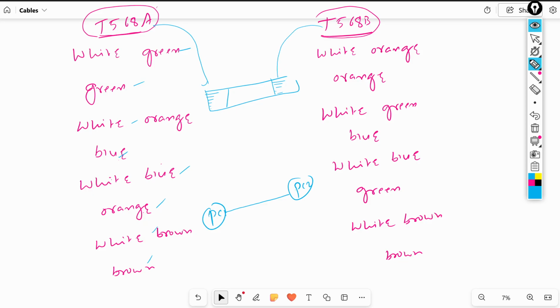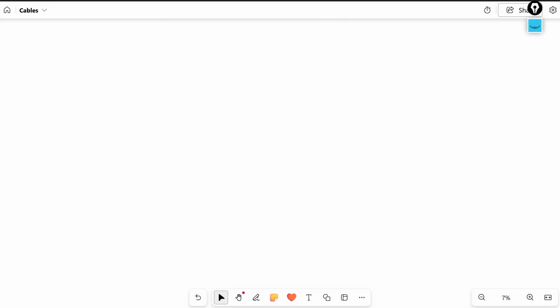This is a cross cable. So one end uses the 568A color order, the opposite end uses the 568B color order. That is a cross cable. See here, I will show you.